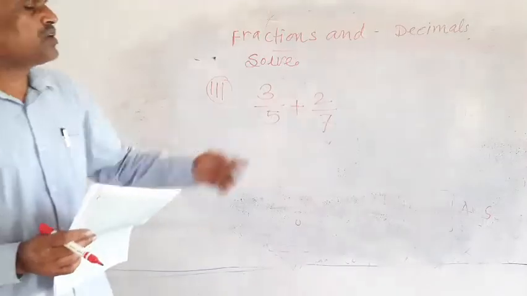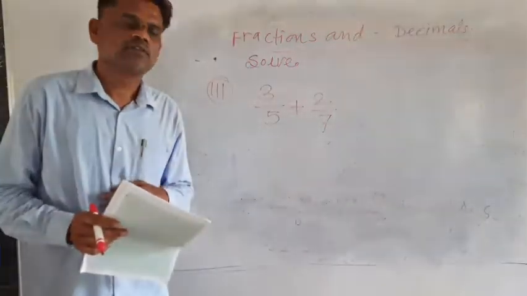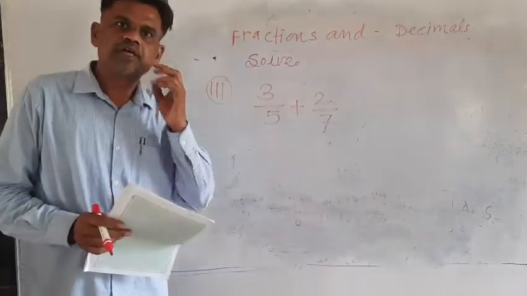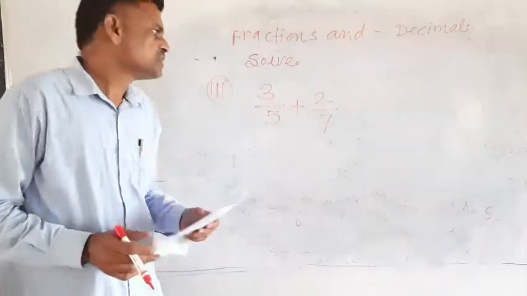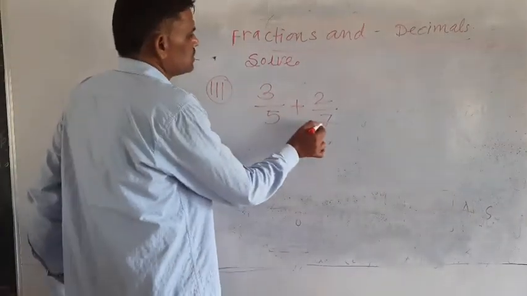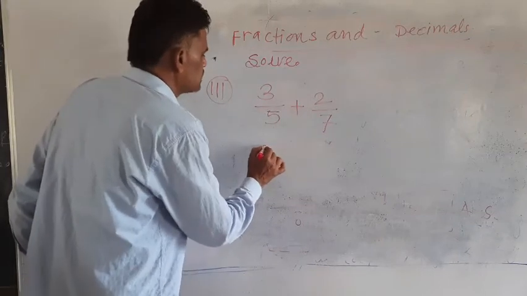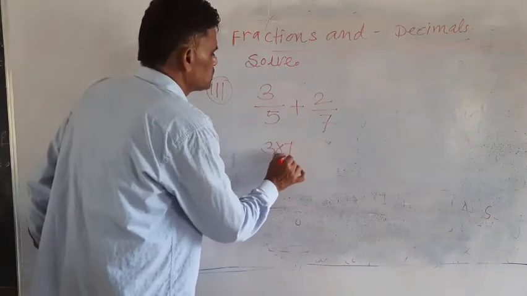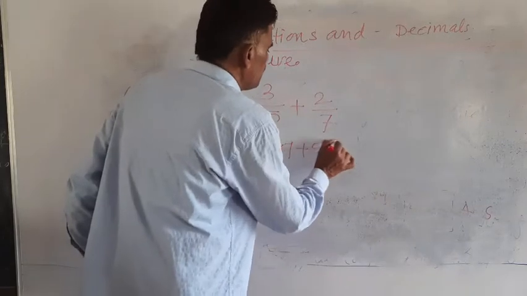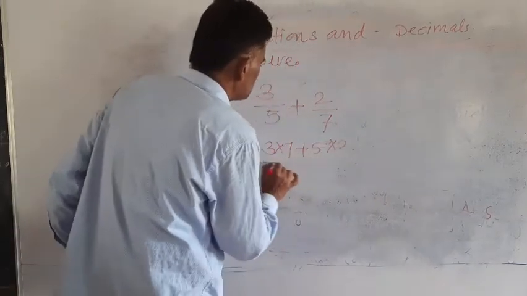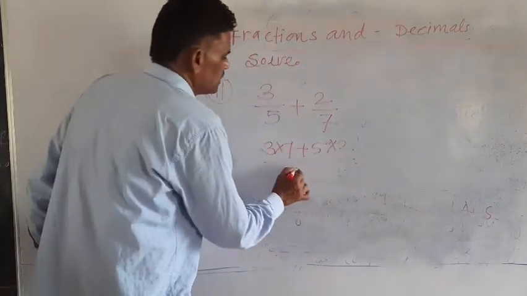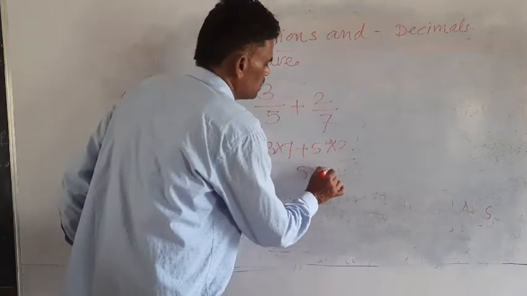Here also 5 and 7 are prime numbers, and by cross multiplication this can be written as 3 into 7, 5 into 2, and the LCM of 5 and 7 is 5 into 7.